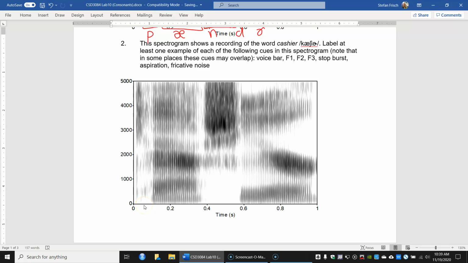Let's see, and we're supposed to label a stop burst. Oops, burst. And aspiration. I'll do that over here. Sorry, not affrication, aspiration.